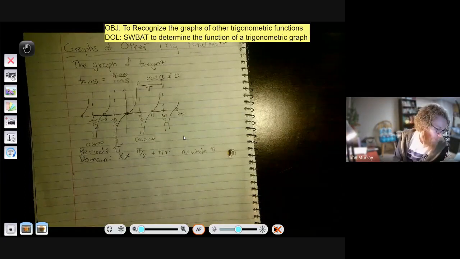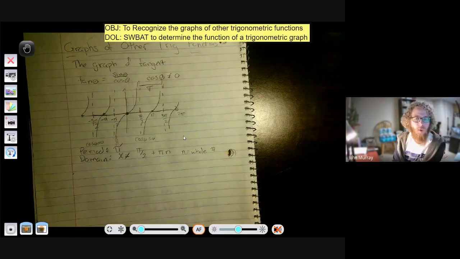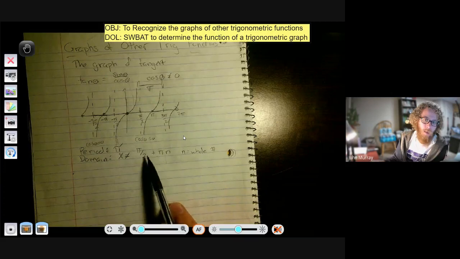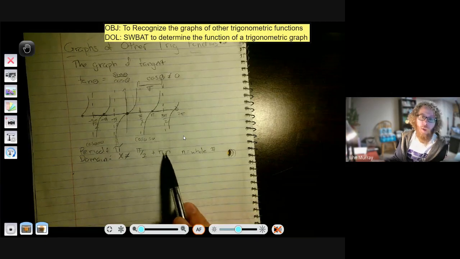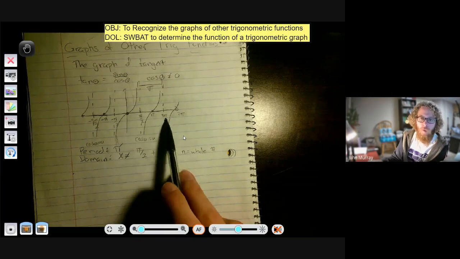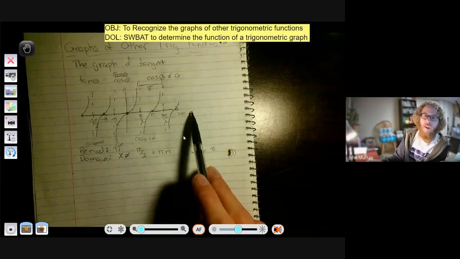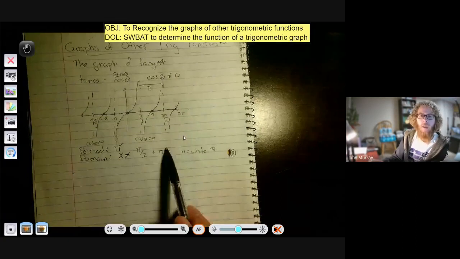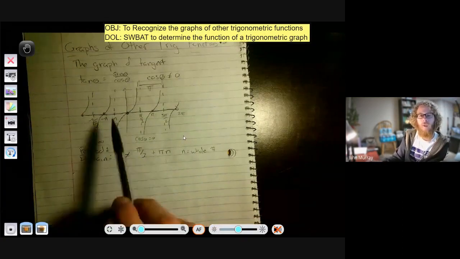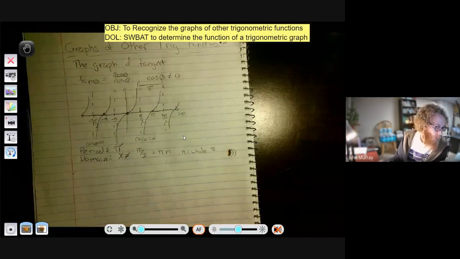Or in more mathematical terms, we call it a natural number. So pi over 2 plus pi, if n was 1, would give me here. Pi over 2 plus 2 pi would give me 5 pi over 2, which is over there. And then if we go in the negative direction, then we have that.